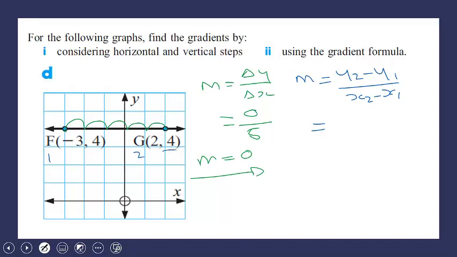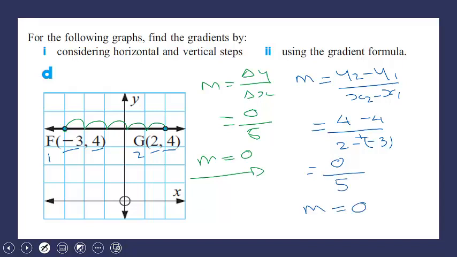So we start with 4 minus 4 over 2 minus minus 3. So 4 minus 4 is 0, and 2 minus minus is plus, so 2 plus 3 is 5. So M equals 0. All right, so far so good.